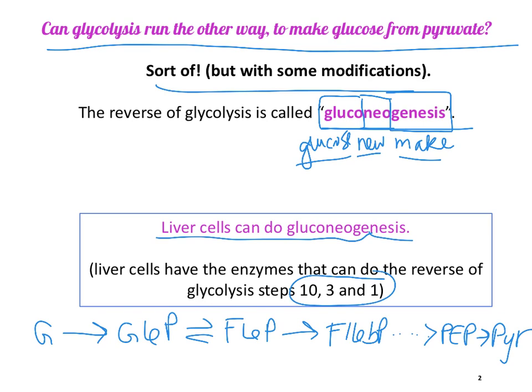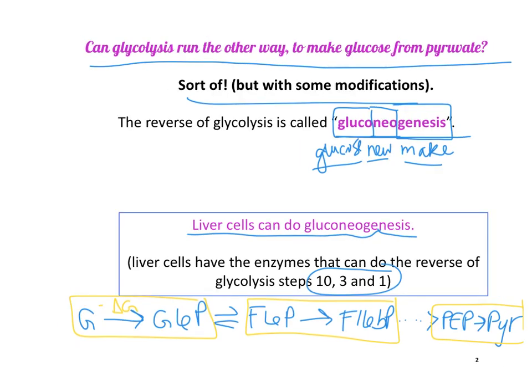So that's glycolysis. There are three irreversible steps, and each of these had a large negative delta G. So we cannot run glycolysis exactly in reverse because we have irreversible steps.